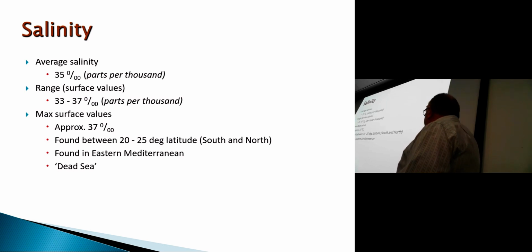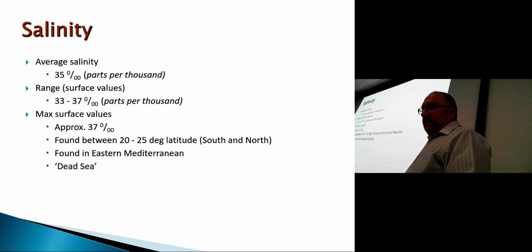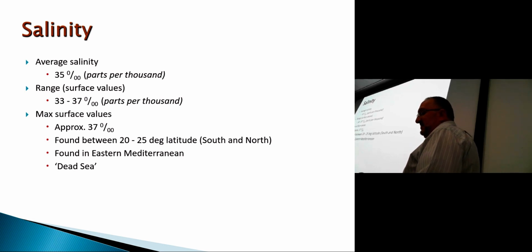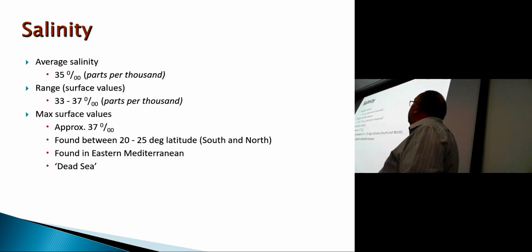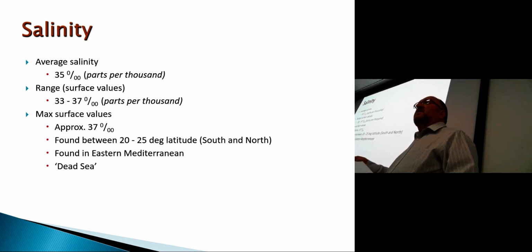In oceanography, it's been traditional to express salinity not as a percentage, but as parts per thousand, or PPT. And what that represents is approximately the grams of salt per litre of solution. So when we talk about salinity, we're always talking about 37 parts per thousand, or 35 parts per thousand.